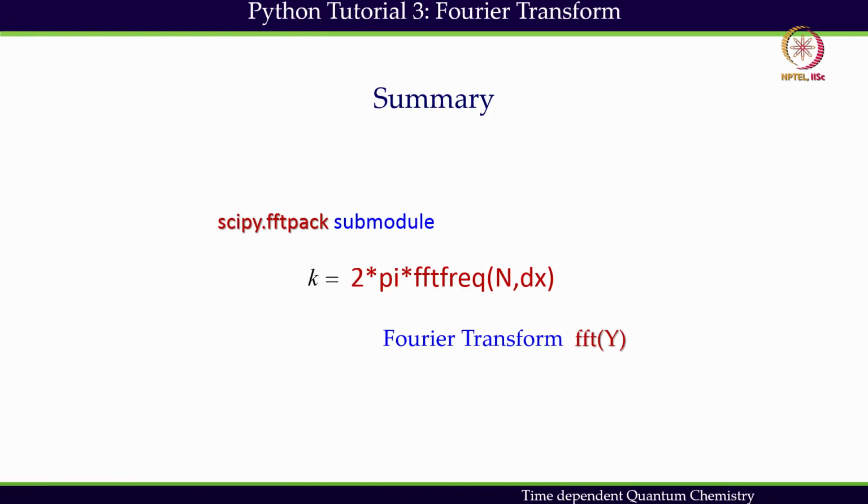In fftfreq, I need an input. The input is the window length, which is the number of elements present in the x grid, and delta x is the spacing in the x grid. And when you are doing the Fourier transform of the discretized function, this function name needs to be given.